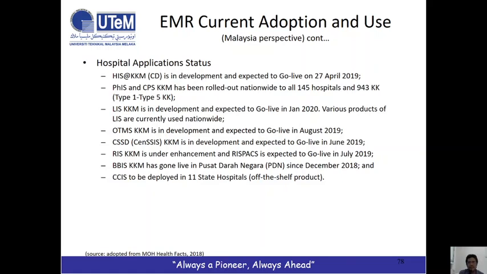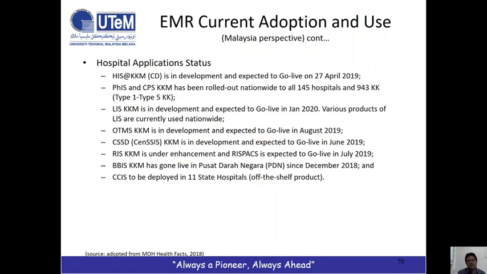Pharmacy system PIS KKM has been rolled out nationwide to all 145 hospitals and 943 health centers. This is a pharmacy information system only. It does not cover the CIS, the clinical portion.